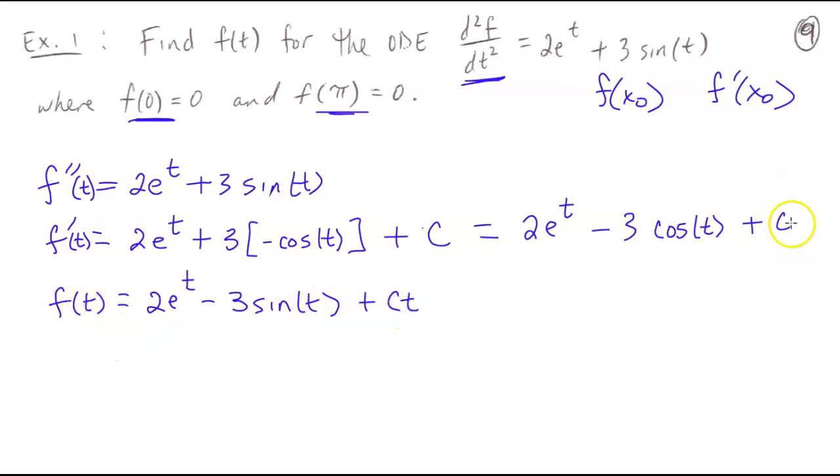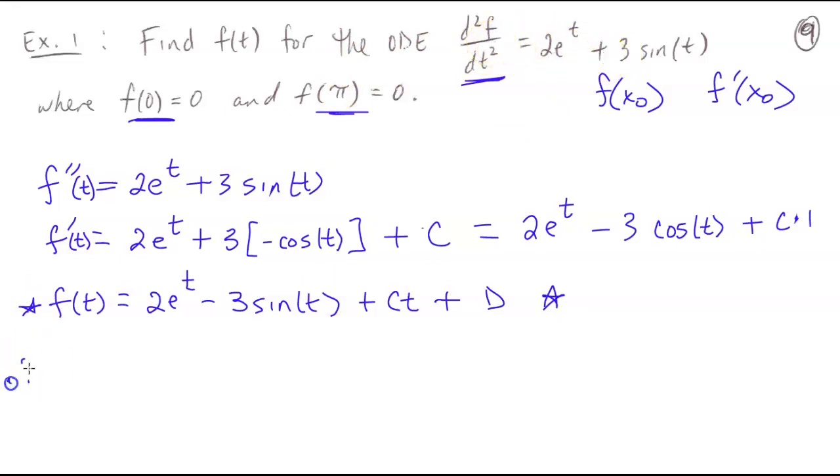Because this is like c times 1, and the antiderivative of 1 is whatever the independent variable is, okay? And then once we're done with all three terms, we do a plus d for the arbitrary constant. So now this is our most general solution to our second order differential equation.